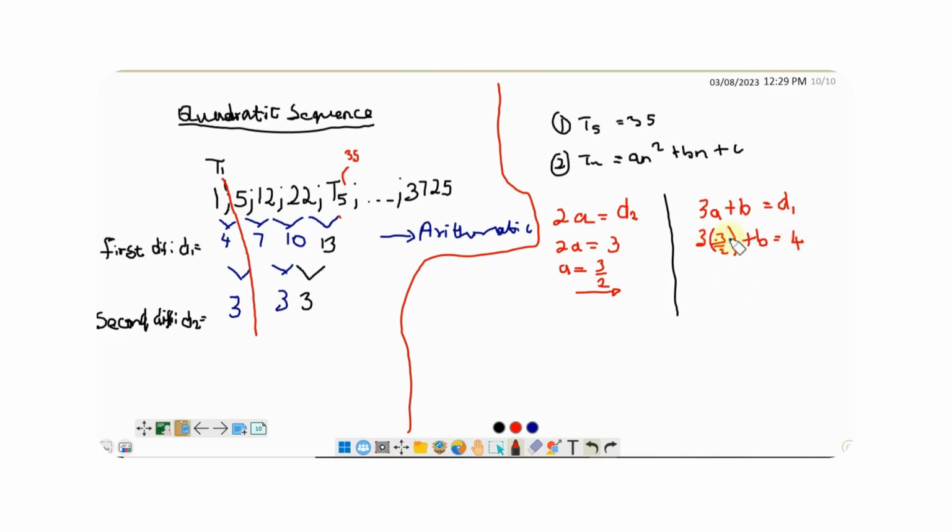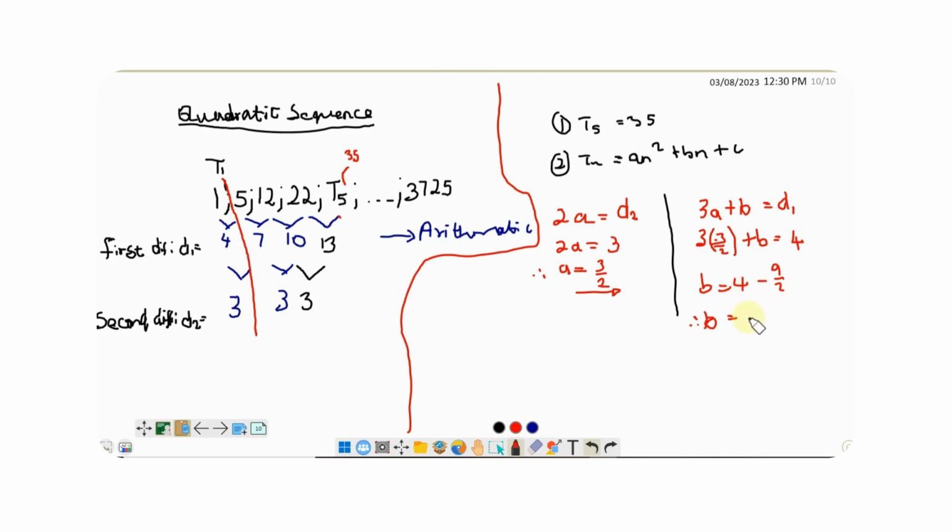So this is going to be 3 times 3 is 9, 9 over 2, plus b equals 4. So b equals 4 minus 9 over 2. 9 over 2 is 4.5, so 4 minus 4.5 is negative 0.5, which is half.